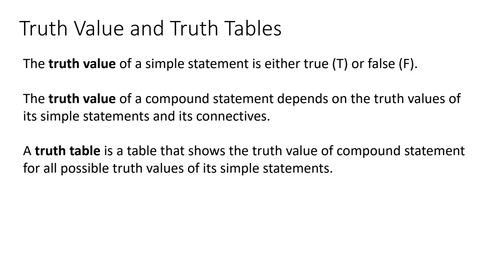But usually when you have compound statements, you have to analyze the individual simple statements to see what the value is, and what connectors are involved in that compound statement, to determine the value of the whole sentence. And so we usually use truth tables, and the truth tables show all of the combinations. So it's not just one possibility. The truth tables show all of the variations of truth values and what the final outcome of the compound statement is.